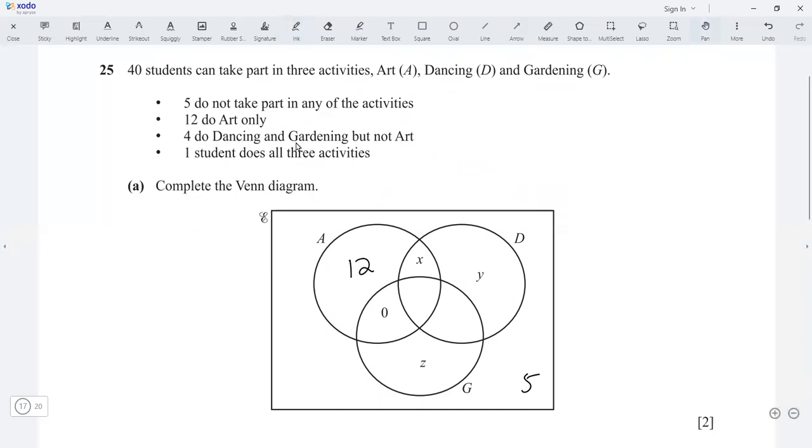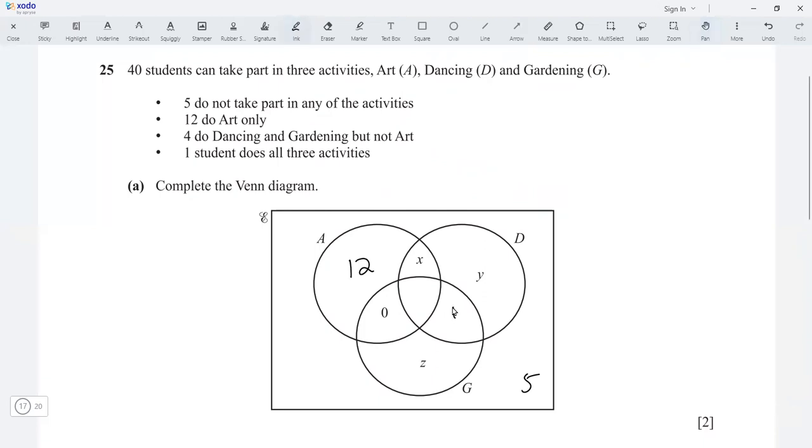Next is 4 do dancing and gardening but not arts. Gardening and dancing are the region here, and they're saying that they are not participating in art, meaning this region will be excluded, and this is the combined region of dancing and gardening.